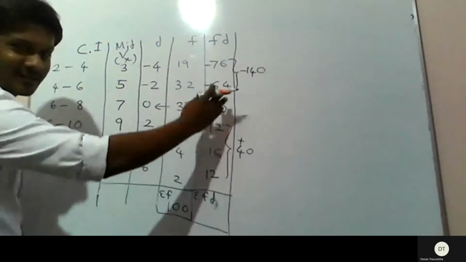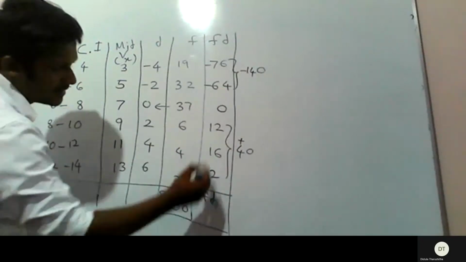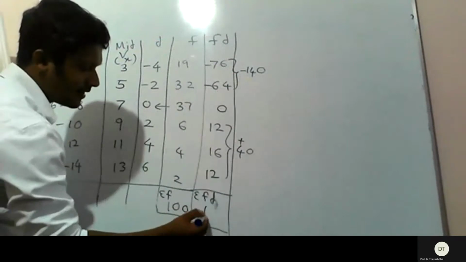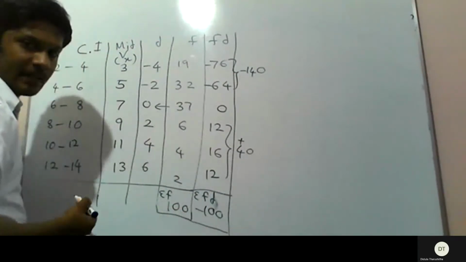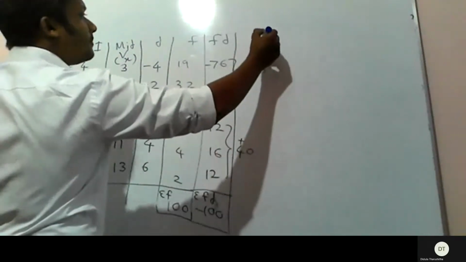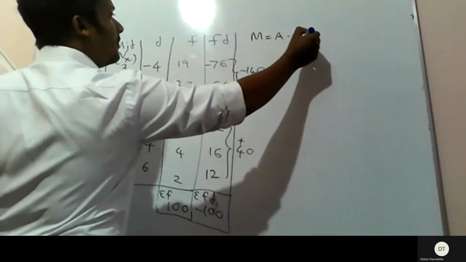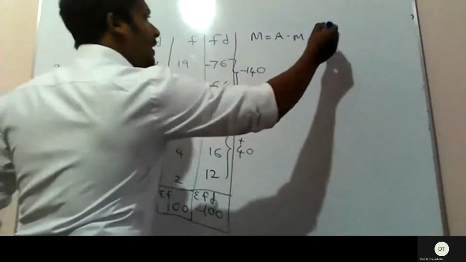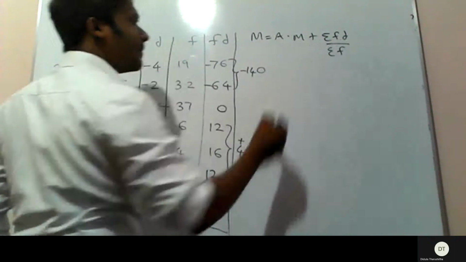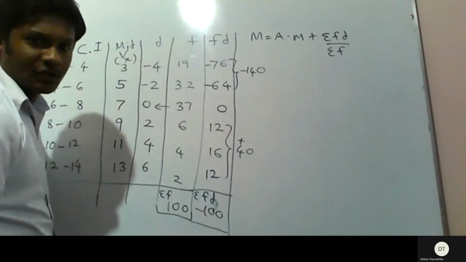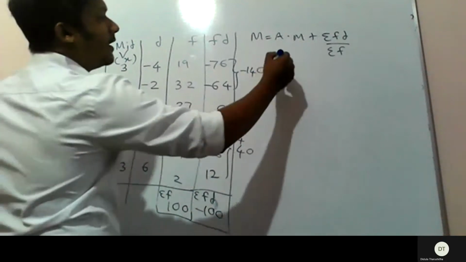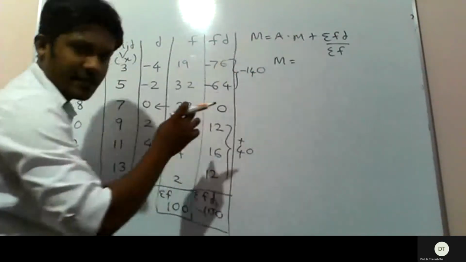Then the difference of the two answers is the sigma FD, which is minus 100. Then mean equals assumed mean plus sigma FD divided by sigma F.